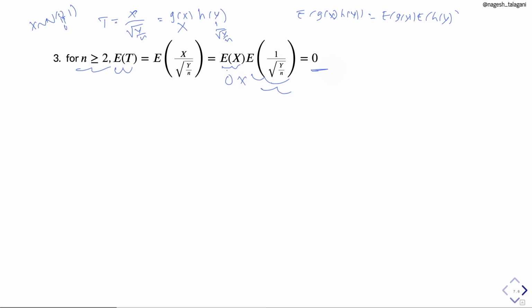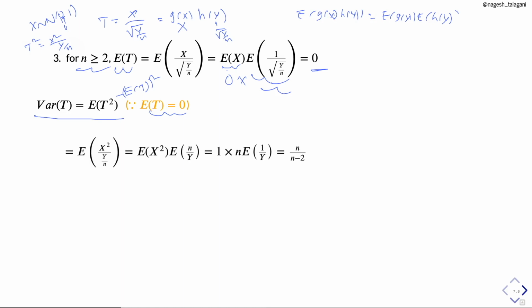Fine. Now the variance of t is actually what? Expectation of t square minus (expectation of t) whole square, but the expectation of t is 0, so the variance of t is simply going to be the expectation of t square. Now t equals x by root (y by n), so t square is going to be x square by (y by n). So the expectation of t square is the expectation of x square by (y by n).